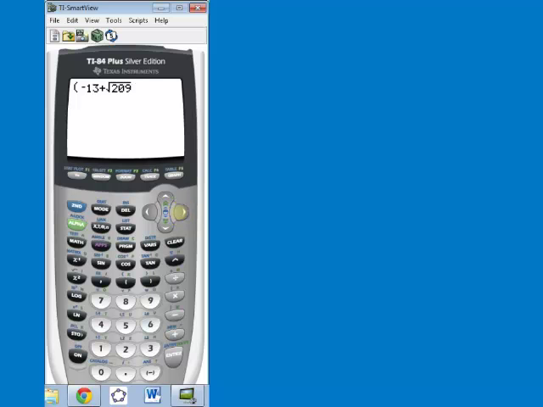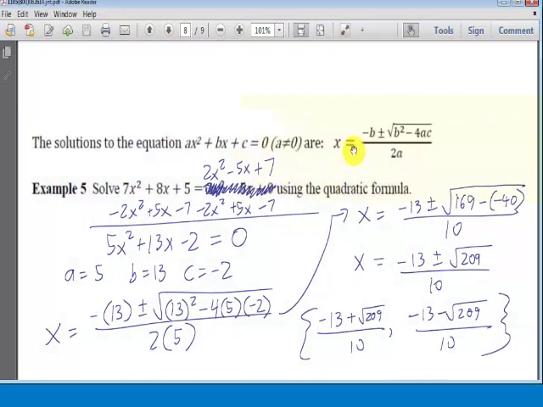If you're using the TI-83 Plus, the keystrokes are a little bit different, because it just encloses the 209 in parentheses. In that case, you would close the parentheses for what's underneath the radical sign, and then close the parentheses again for the numerator. Then press divided by 10.